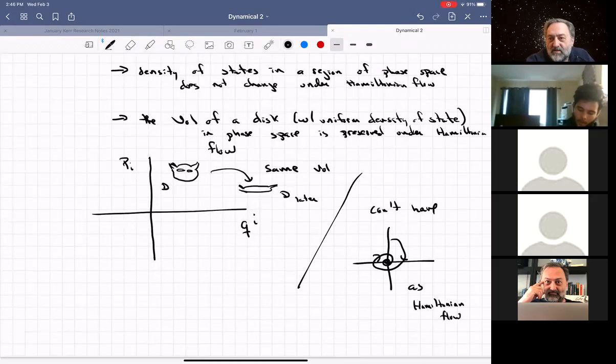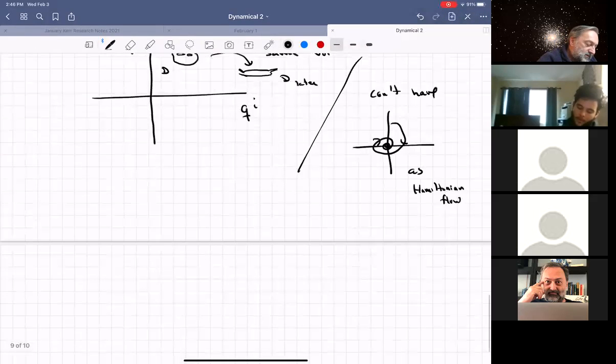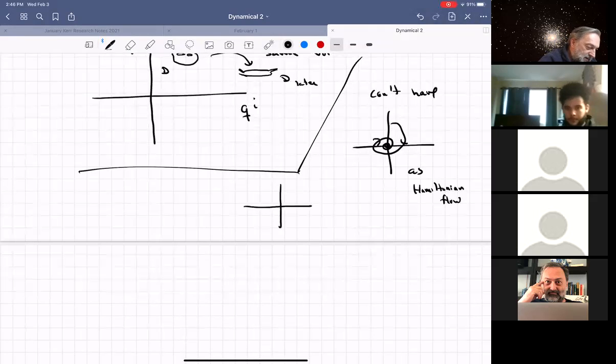So it's not possible to represent a damped oscillator through a Hamiltonian. The reason for that is, let's suppose that you had a damped oscillator.